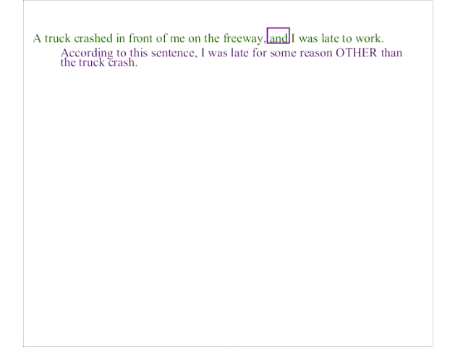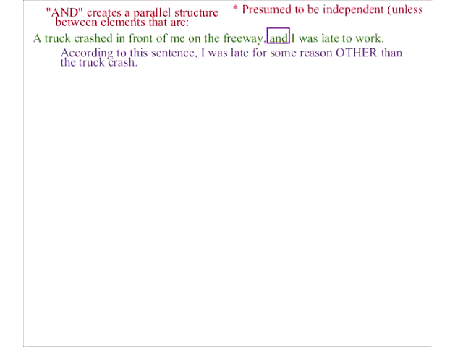"And" creates a parallel structure between elements that are, number one, presumed to be independent, unless they're a sequence, and then equal in priority or importance.